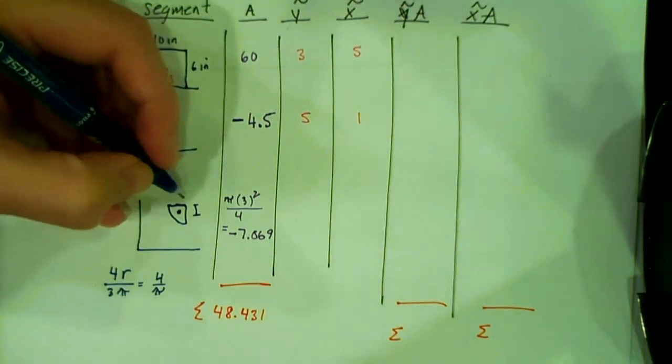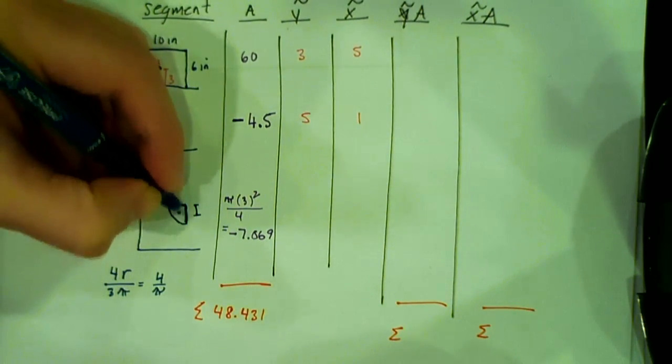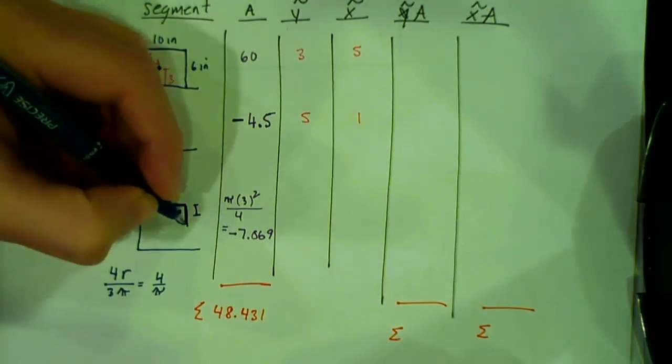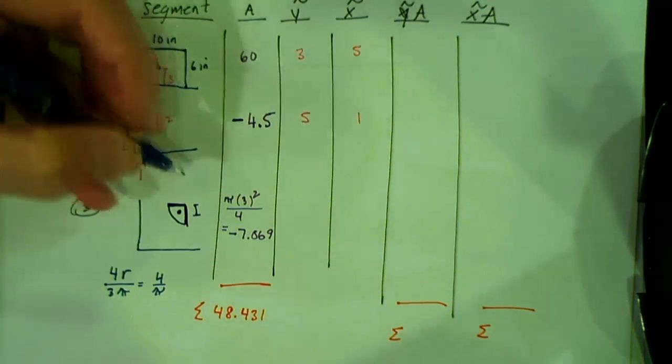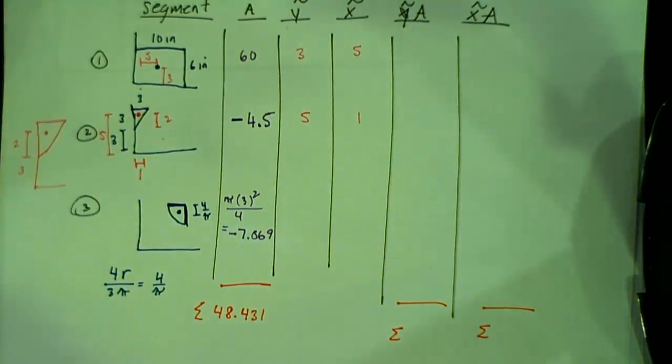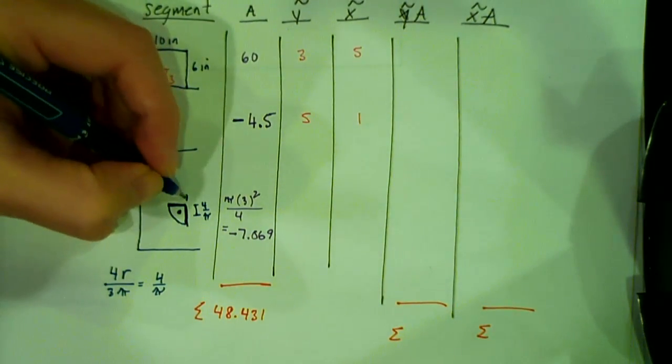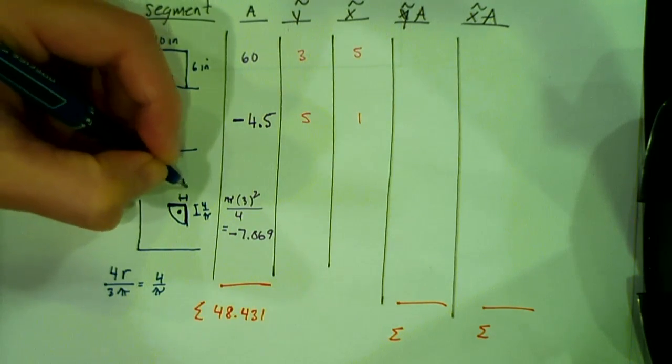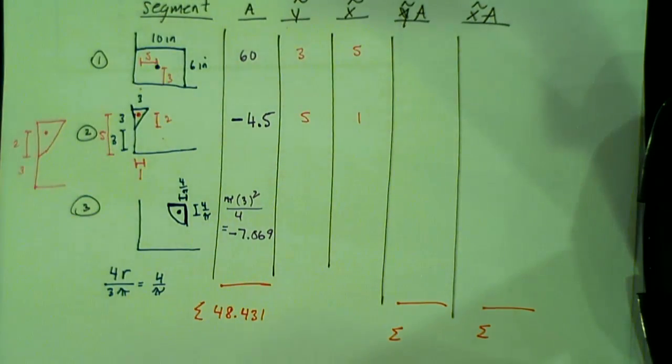And that's measured from the interior of it, I guess you could say. So this distance here is 4 over pi, and this distance here is 4 over pi. Do you guys see what I mean? So it's measured from the straight part of the quarter circle. So your x is 10 minus 4 over pi?